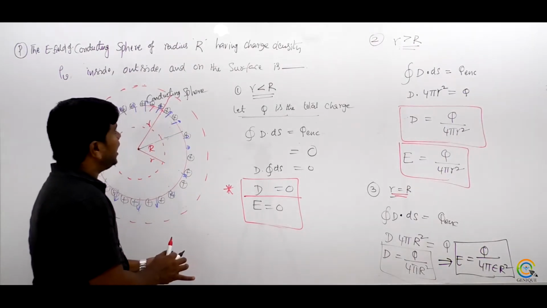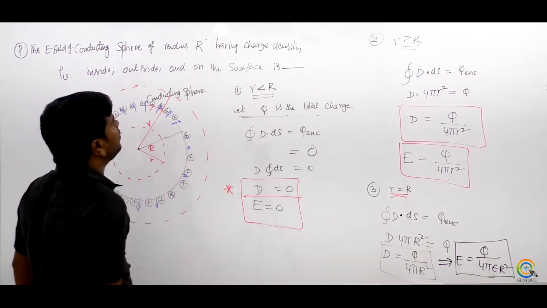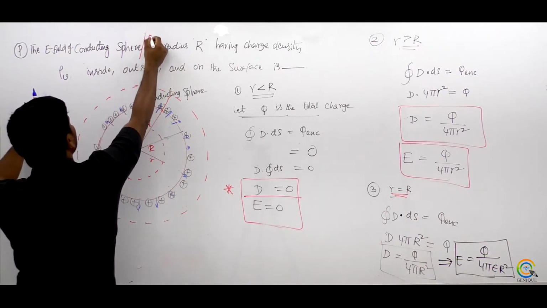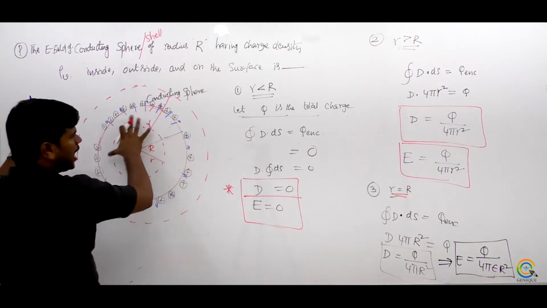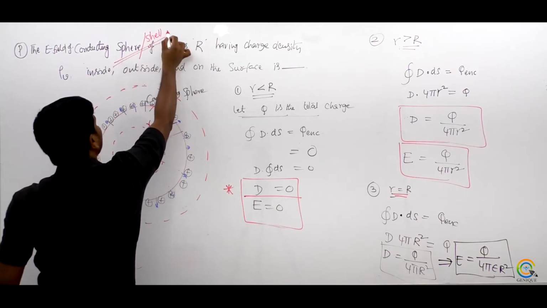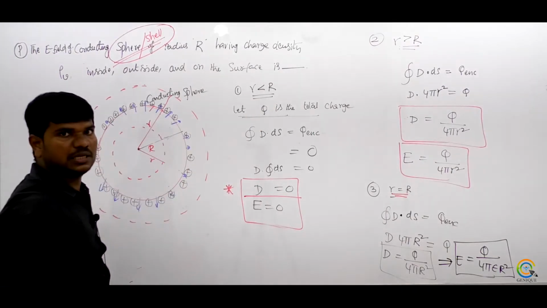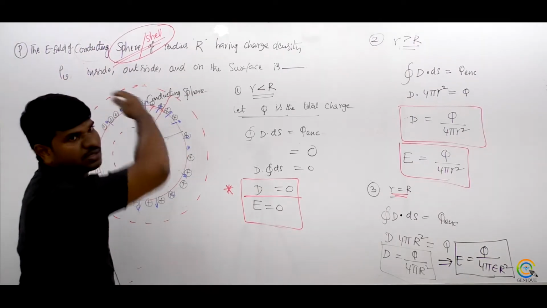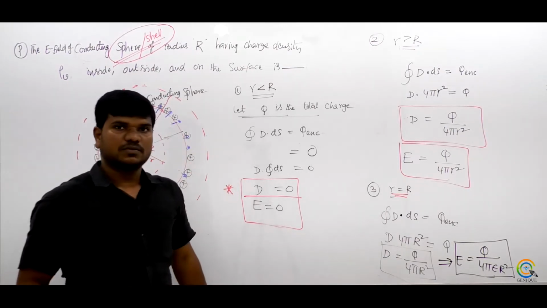This result is equal for a conducting sphere or a shell. A shell means it is hollow, a sphere means it is a solid sphere. Suppose in the question he has given sphere or shell, the result is the same. If it is not conducting, we already solved that in the previous question. These are the real applications of Gauss law.